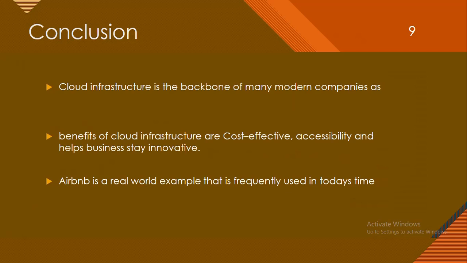However, it is not without its challenges, such as downtime risks and security issues. These can all be managed through encryption, backup systems, and smart security tools. In the end, companies such as Airbnb were able to grow quickly because of cloud infrastructure.